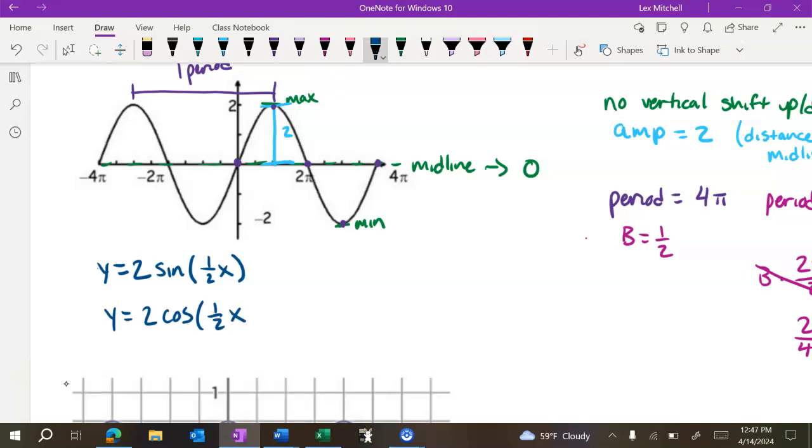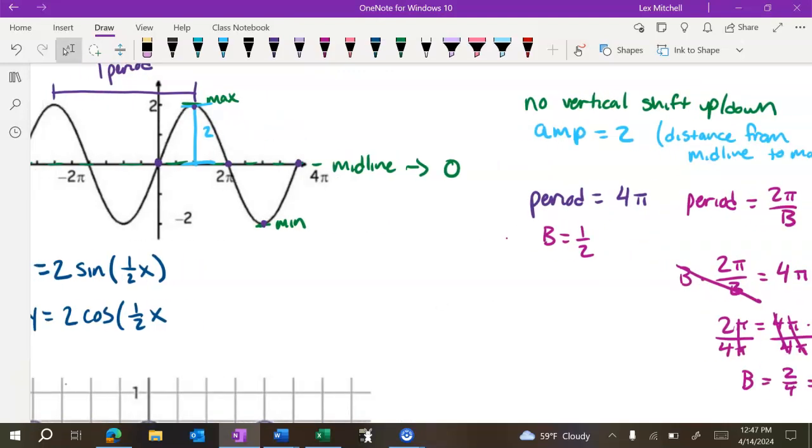But then I'd have to figure out this phase shift right here. So if I'm looking over, I'm just going to erase this so I can see a little bit better. So between 0 and 2 pi, there are 4 marks. So that's telling me that every single mark is pi over 2.